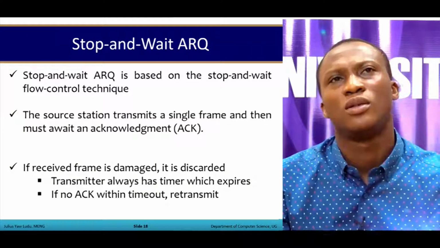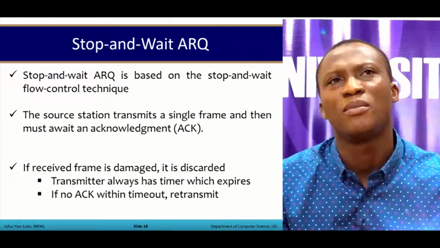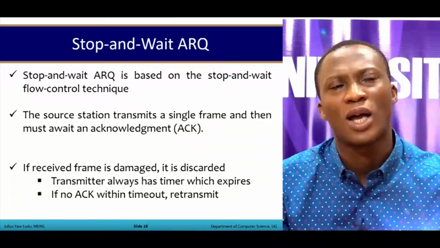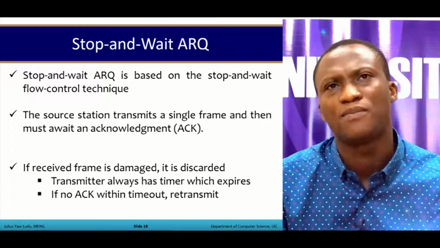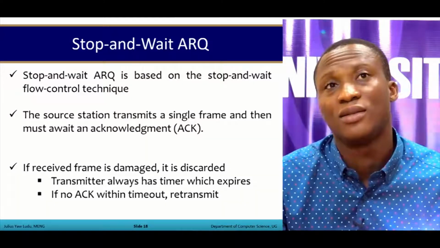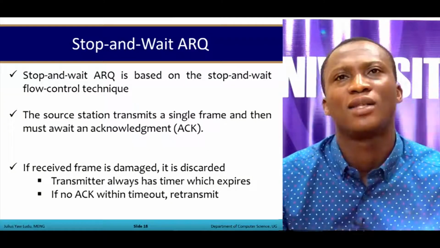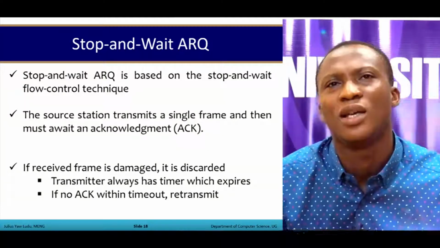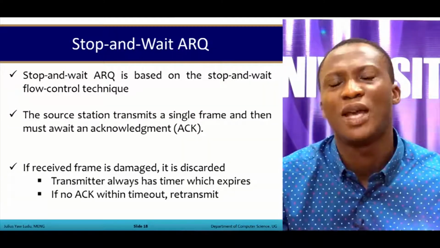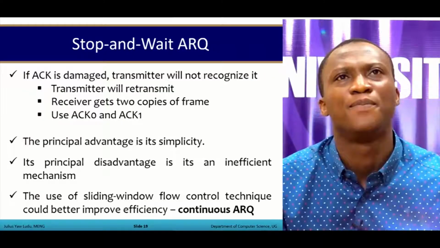The source station transmits a single frame, then waits for an acknowledgement. If the received frame is damaged, then it's discarded, and the transmitter always has a timer which expires. So if there is no acknowledgement within the timeout period, then a retransmission needs to be done.